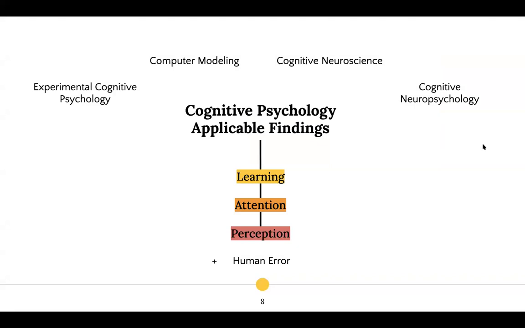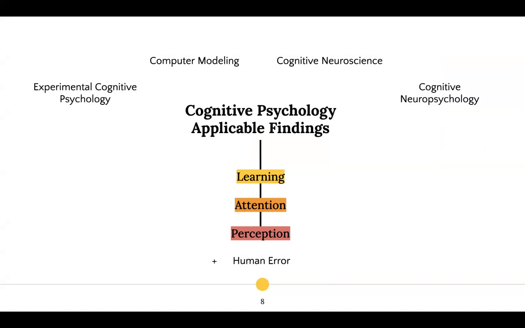And there are 4 main paths of cognitive psychology that are used to have these findings. The first is experimental cognitive psychology, which is basically an everyday sense of how users understand the external world. And then we have computer modeling, which is an exploration of mimicking the way the human brain works in computer software.